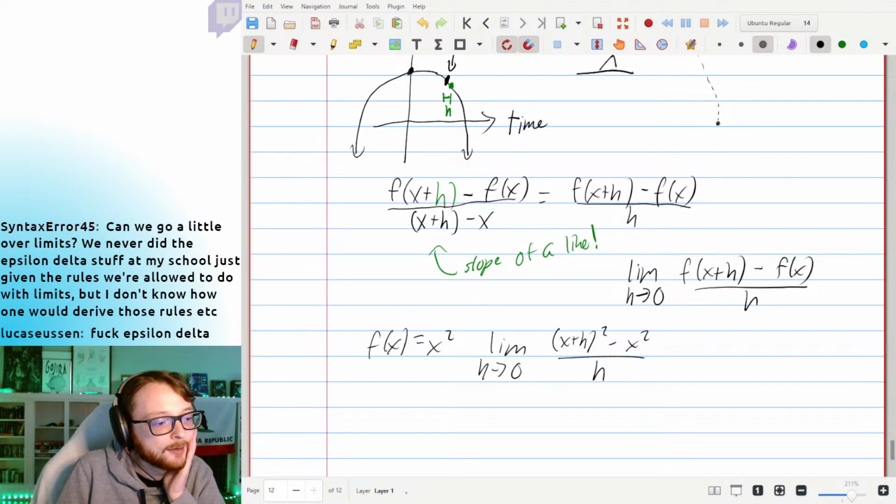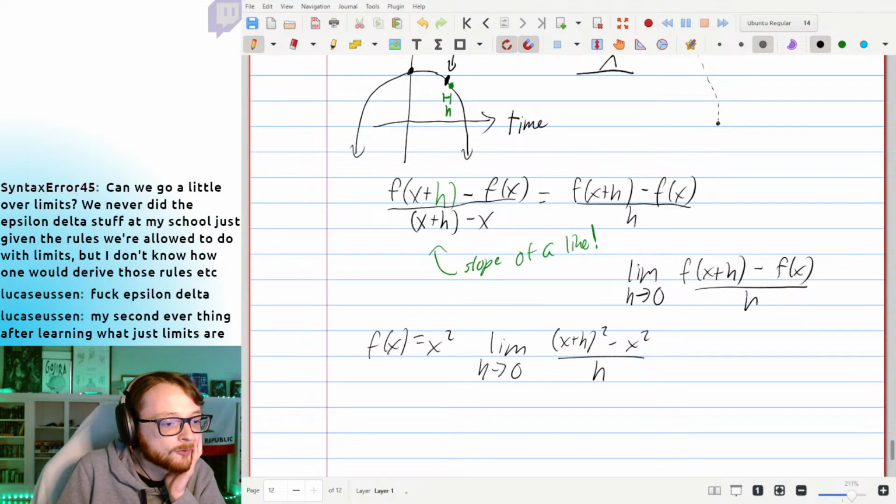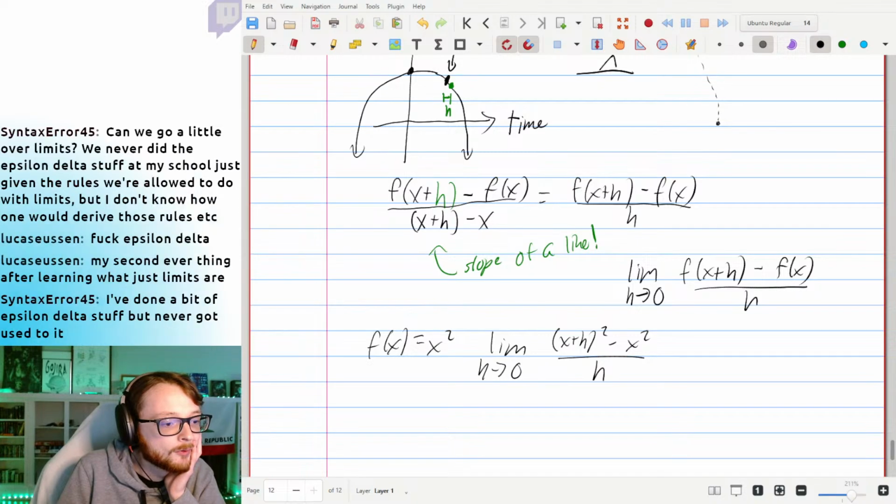Let me, we go a little over limits. I never did the epsilon-delta in my school, just given the rules we're allowed to do limits. I don't know how one would derive those rules. Yeah, we can talk about epsilon-delta. I'm not very strong with it either, to be honest, but we can try and talk about it.